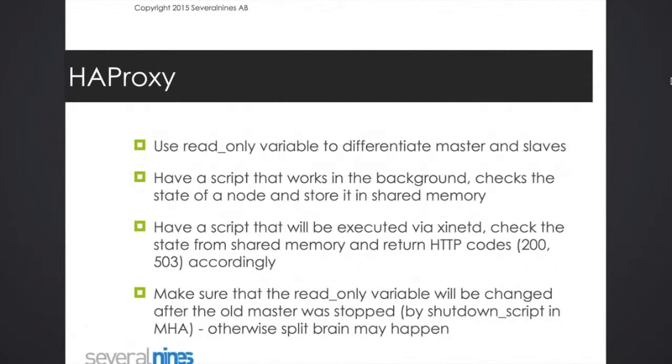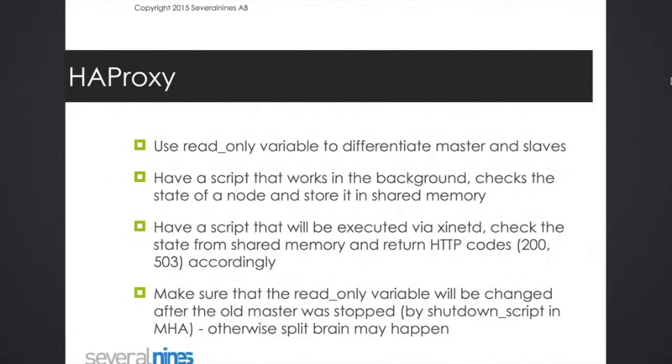When a connection goes to this port, xinetd triggers a script. The script checks the state of MySQL from the shared memory where it was stored, and then returns an HTTP code: either 200 for OK, service up and running, or for example 503 if the service is down.